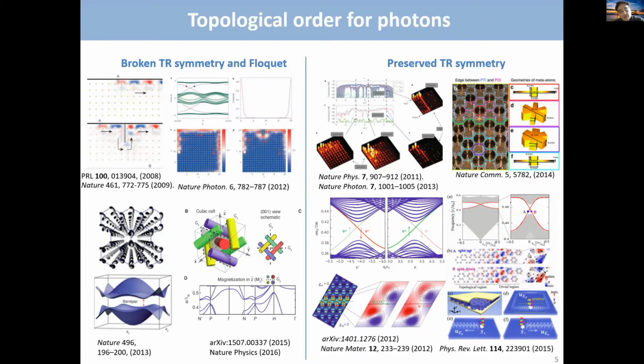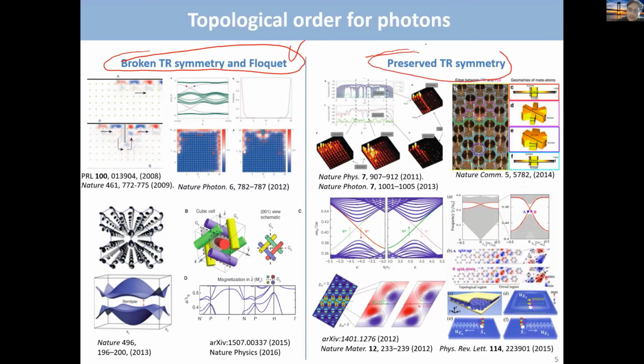The photonics community widely explored these two approaches based on broken time reversal symmetry. Sometimes time reversal symmetry breaking is replaced with modulation in time, which is known as Floquet topological insulator. You can see some works that I just give here as an overview of topological photonics, which exploit the breaking of time reversal symmetry or Floquet topological phases.